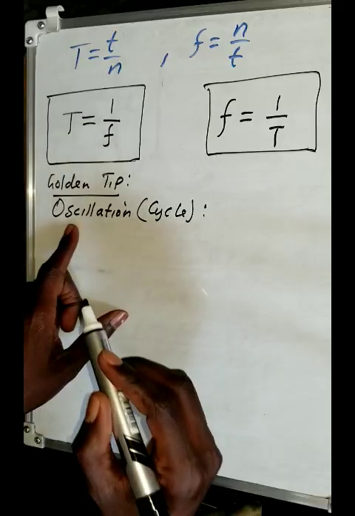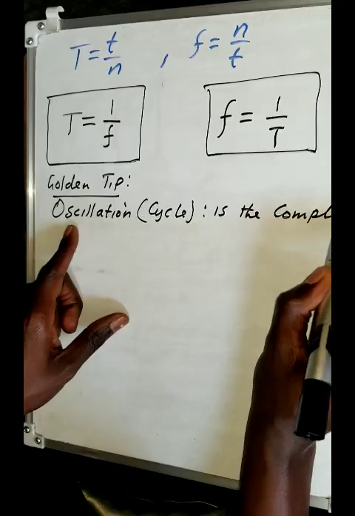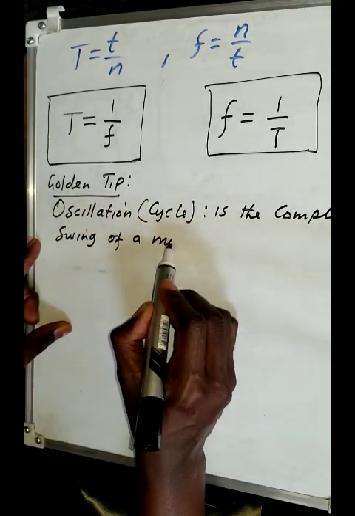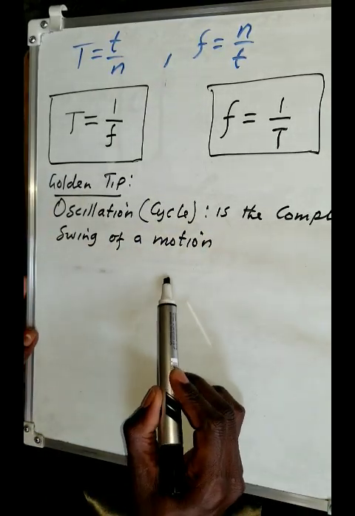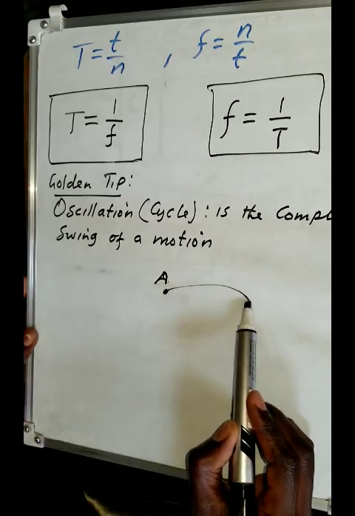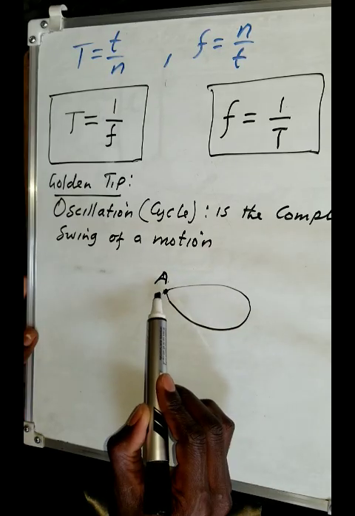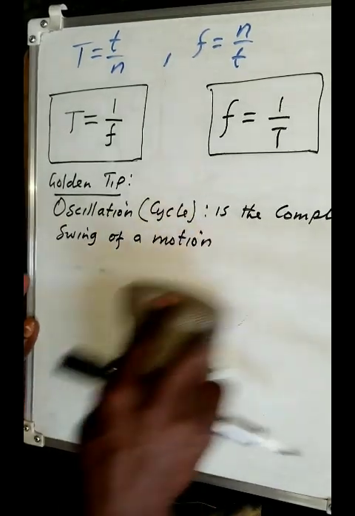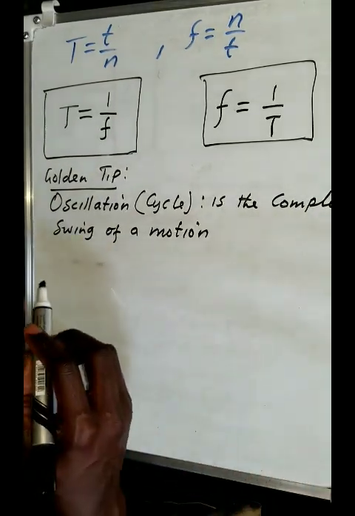An oscillation is the complete swing of a motion. You start from a point, here I'm calling point A, then go around and come back to the same starting point. You've completed a motion. That's what we call an oscillation, a complete swing of a motion. Do not worry, oscillation and cycles are words that are going to be used interchangeably.